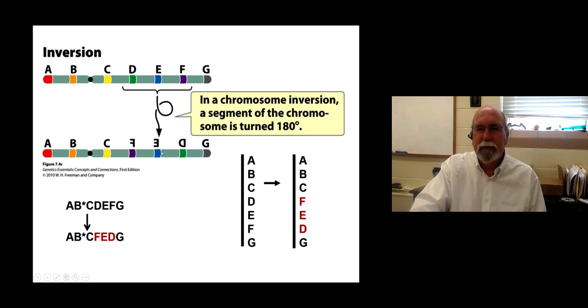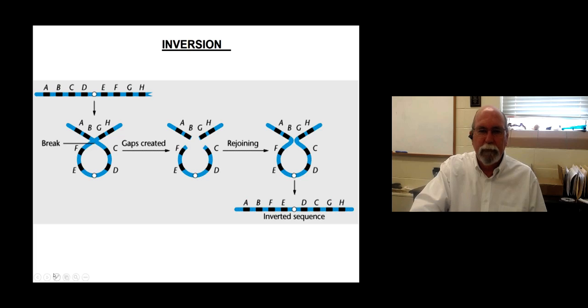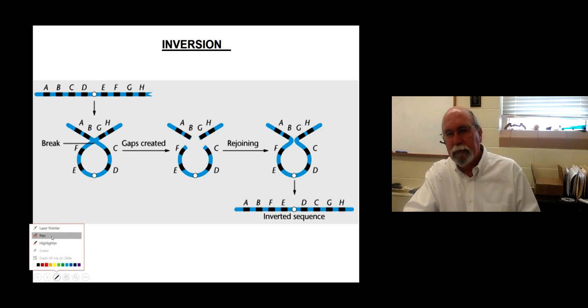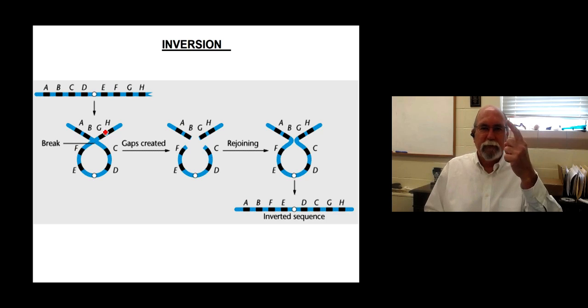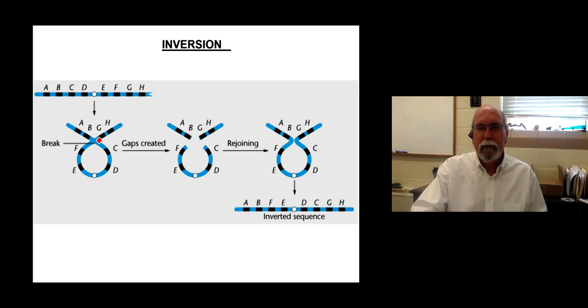All right, well, how might we get this? Why would DNA just flip around? Well, we go back to the same arguments that we've made before. If we think about our DNA, it's flexible and can loop around. If you have a break that occurs in here somewhere, you can have lots of things happening. You could have a formation like this, which would give you a ring chromosome and an internal deletion, or you could have a situation where you simply fuse it back, but you fuse it back incorrectly.